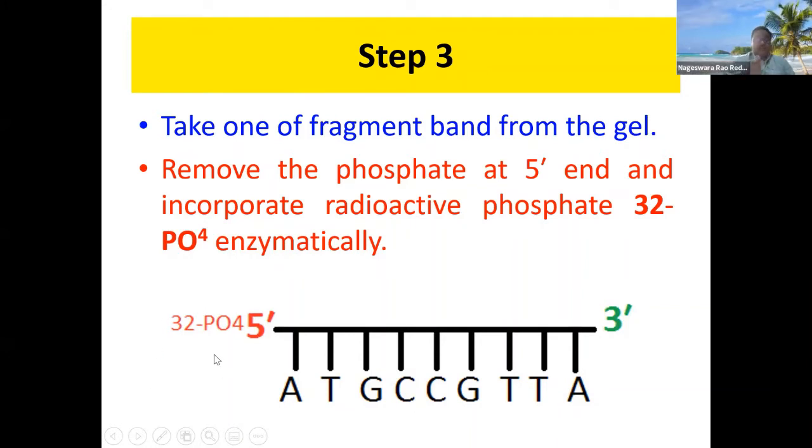So in step 1, we treated with temperature or pH. In step 2, we ran on the gel and identified which is the heavier band and which is the lighter band. And in step 3, we remove the phosphate and incorporate the radioactive phosphate.